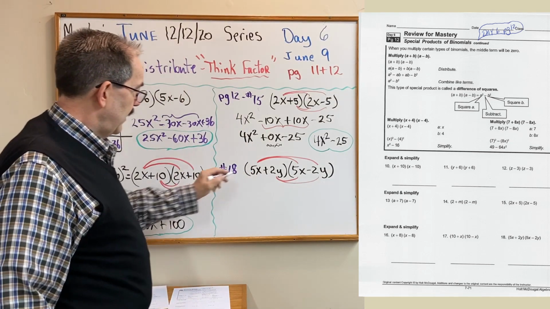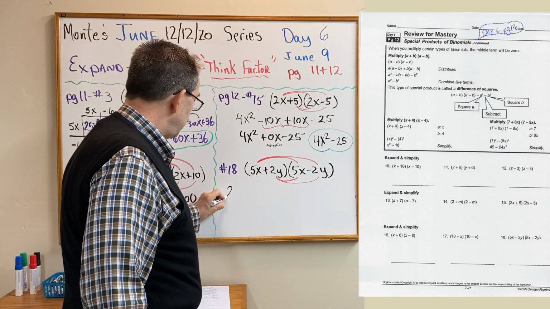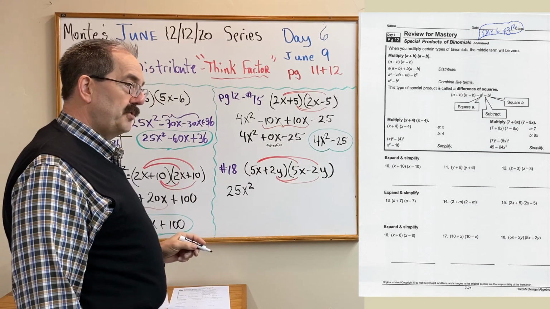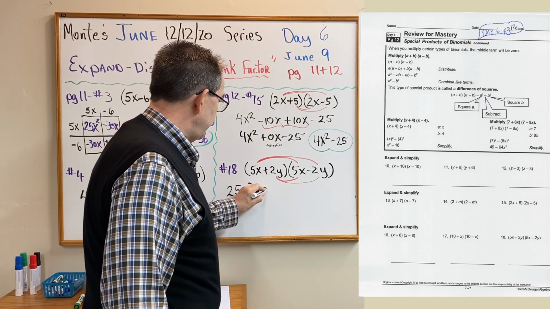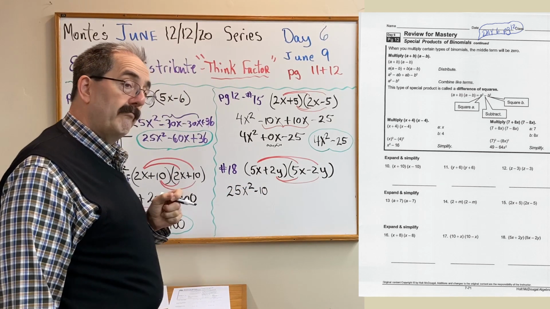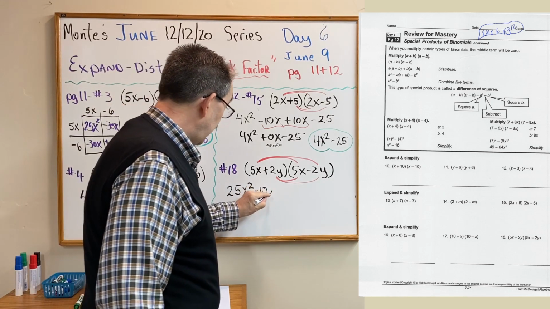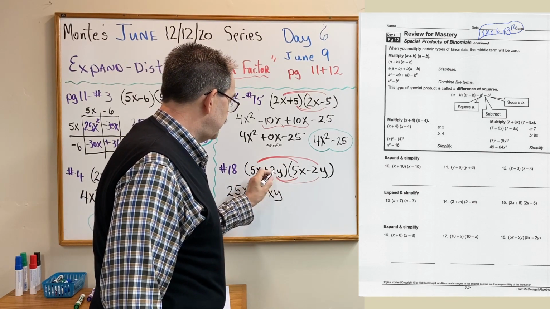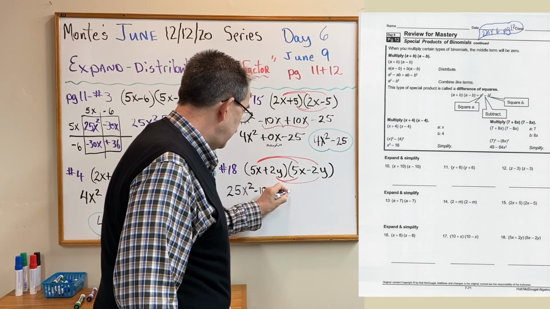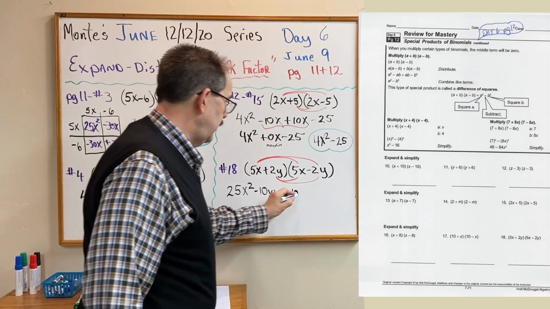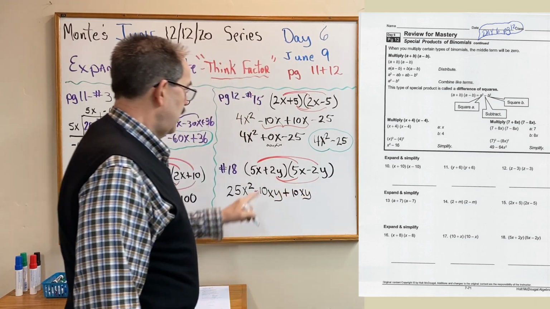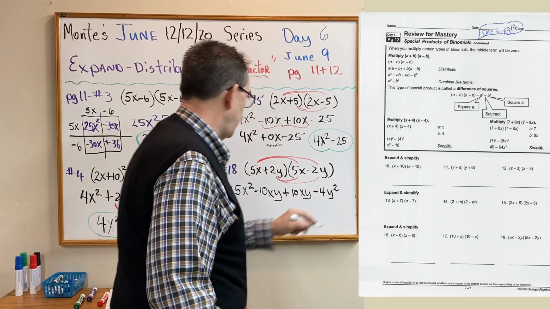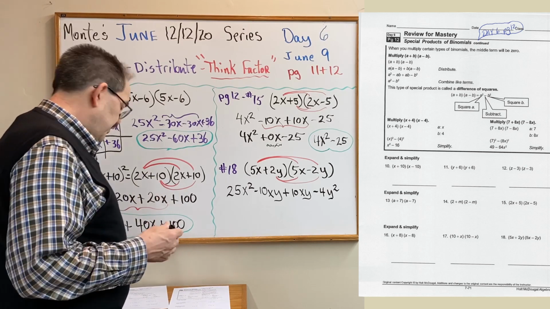Number 18. 5x times 5x, 25x squared. 5x times negative 2y. So we get negative 10. What's x times y? xy. 2y times 5x, 10xy. x times y again. 2 times negative 2 is negative 4y squared. Now these are the tricky ones.